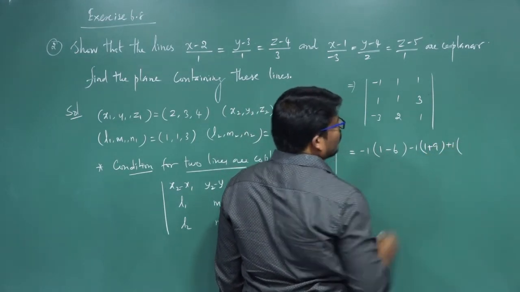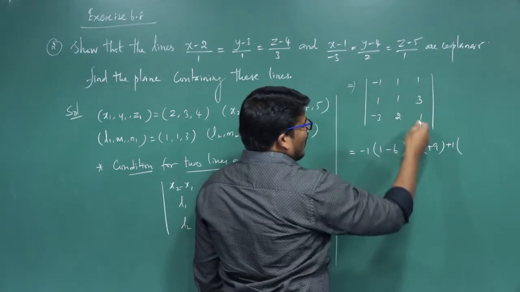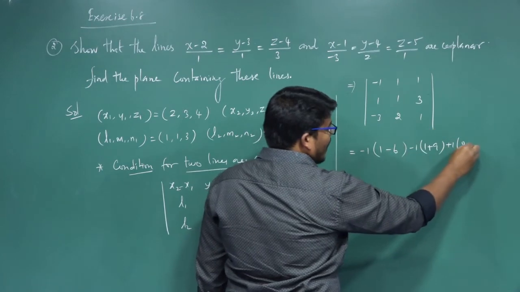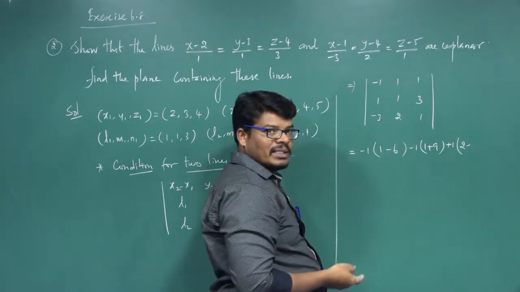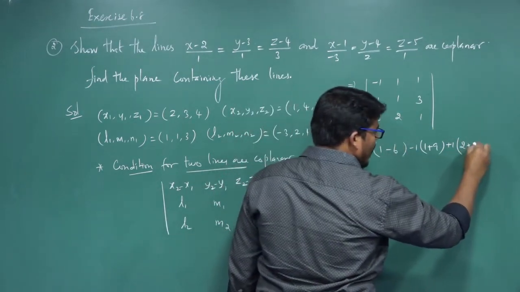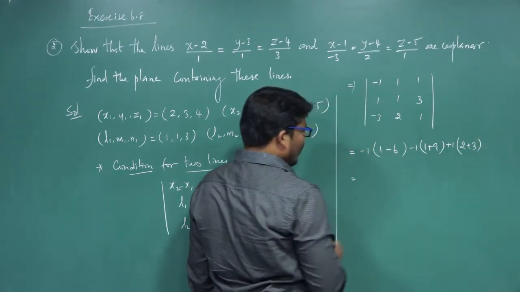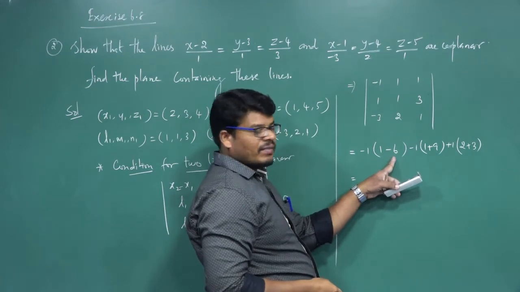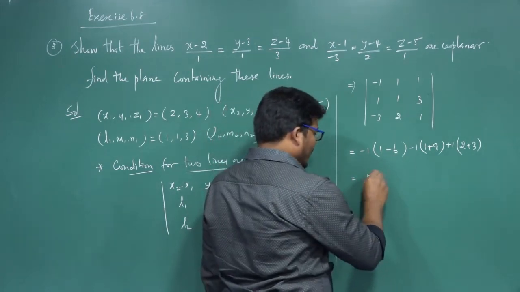Taking the element 1 plus 1 into the minor matrix: 1 into 2 is 2, minus 3 into 1 is minus 3, so plus 3, equal to minus 1 into 1 minus 6, which is minus 5, so plus 5.